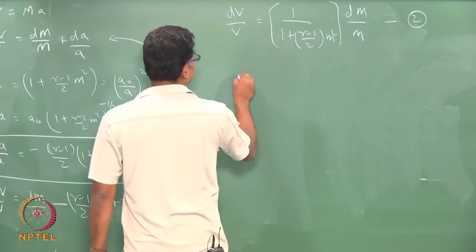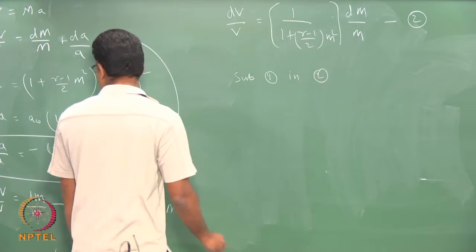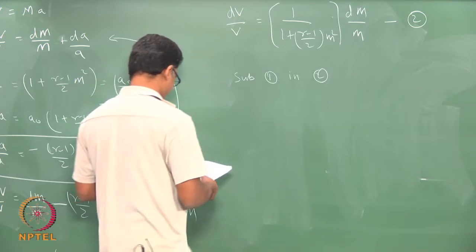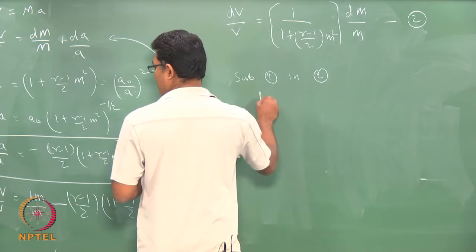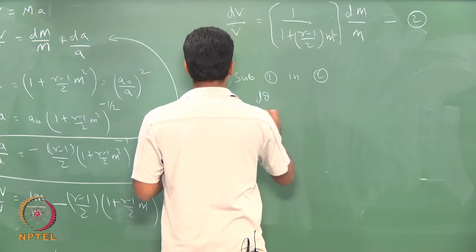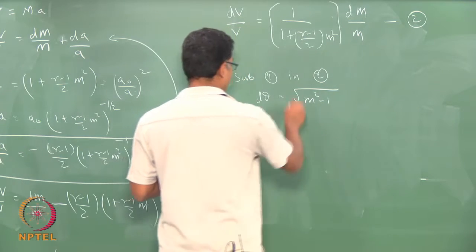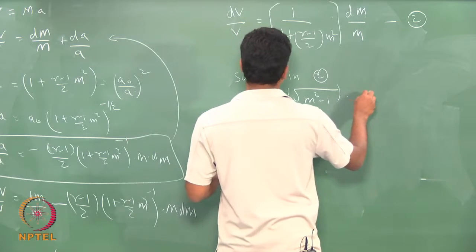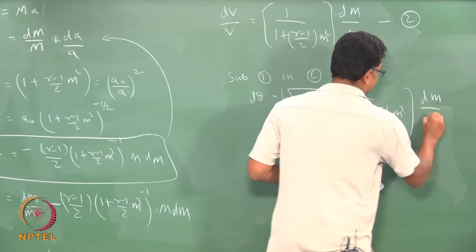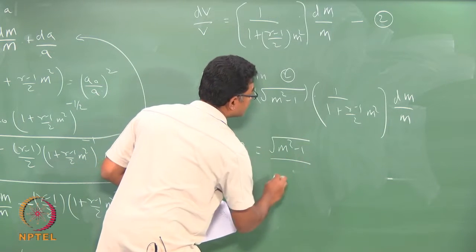And I substitute 1 in 2, which means my d theta is root of M square minus 1 into dv by v, which is 1 by 1 plus gamma minus 1 by 2 into M square into dM by M. So, I end up with a relation like this.